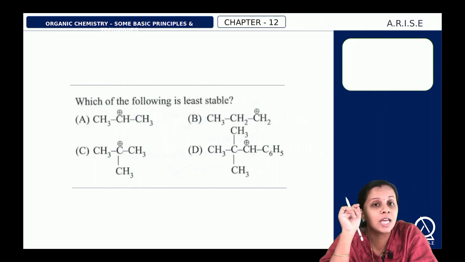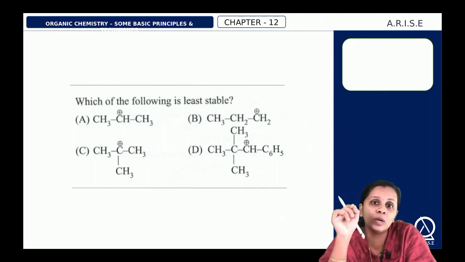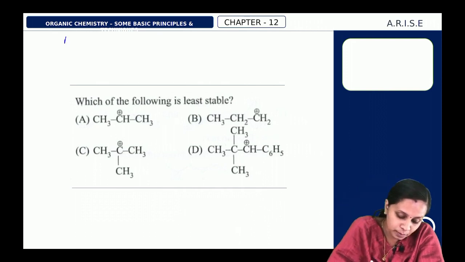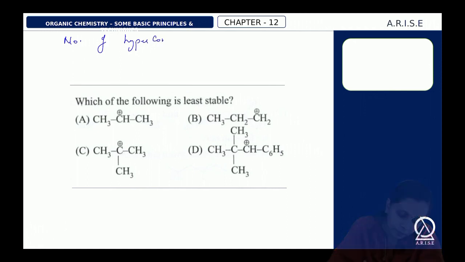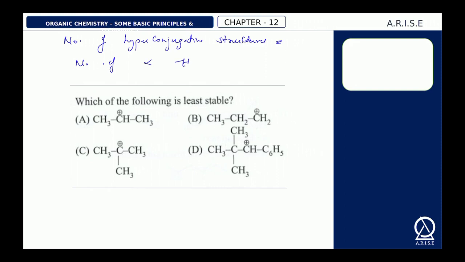The first one is hyperconjugation and the second one is resonance. In hyperconjugation, the number of hyperconjugated structures is equal to the number of alpha hydrogens. Keep that in mind.